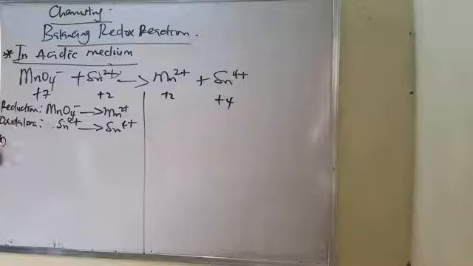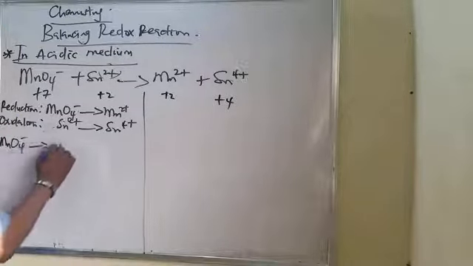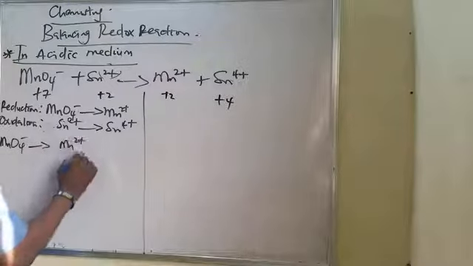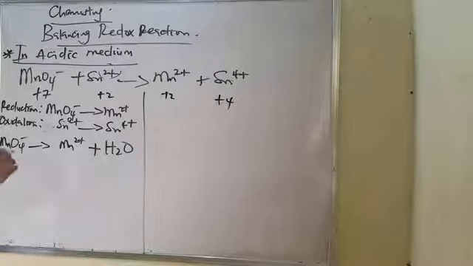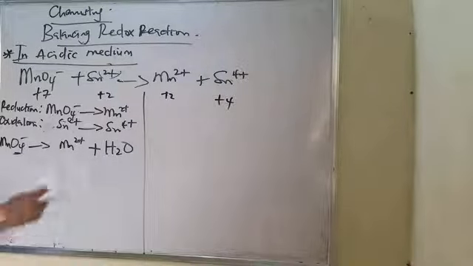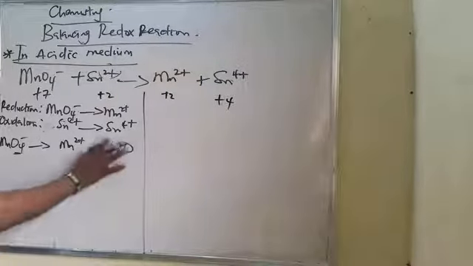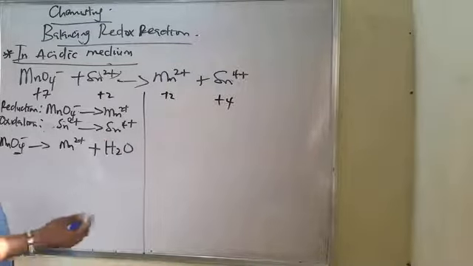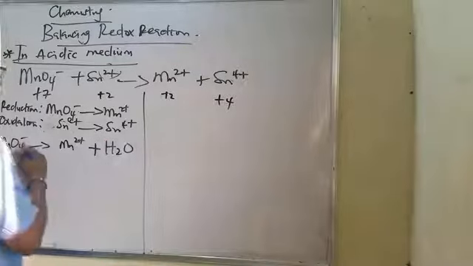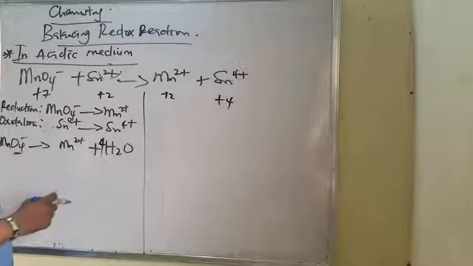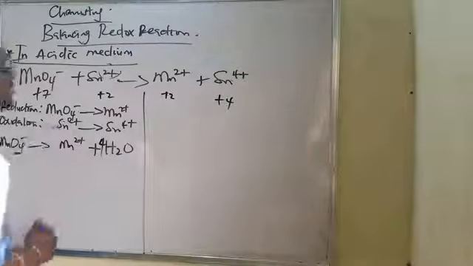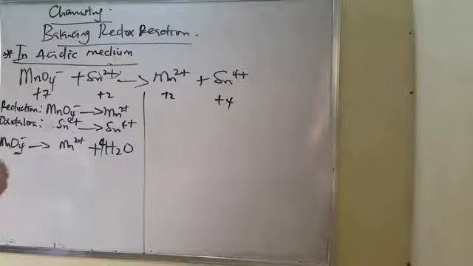For this first one, I have MnO4 minus to Mn2 plus and H2O. Now, my oxygen is 4 here. I've added water, but this is just 1 molecule, which makes oxygen just 1. Because I want to balance the oxygen, I make it 4 molecules of water, giving 4 oxygen. So now my oxygen is balanced, and I'm done with the step.